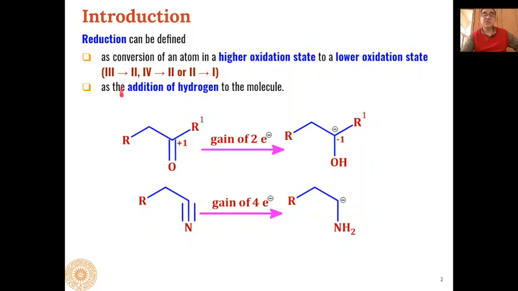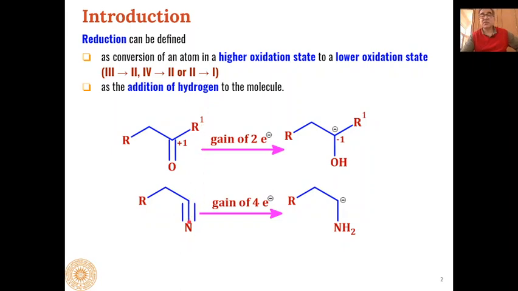Another aspect is that the process can be called reduction if there is overall addition of hydrogen to the molecule. You can see when carbonyl compounds are converted into alcohols, we add hydrogen across this unsaturated carbon-oxygen double bond. So addition of hydrogen is also called reduction.